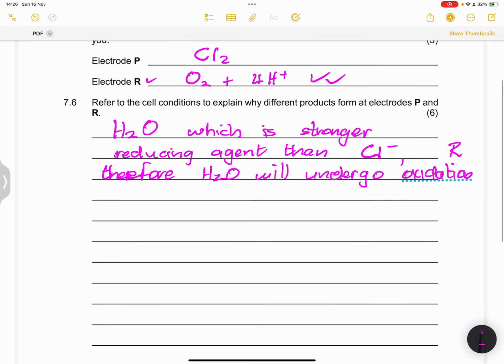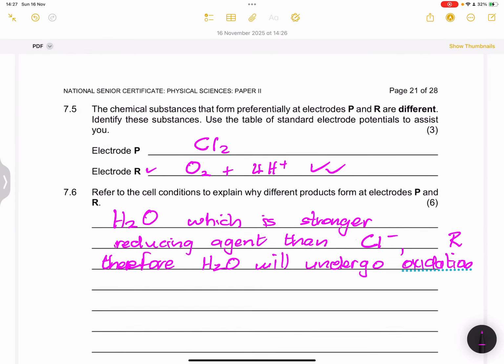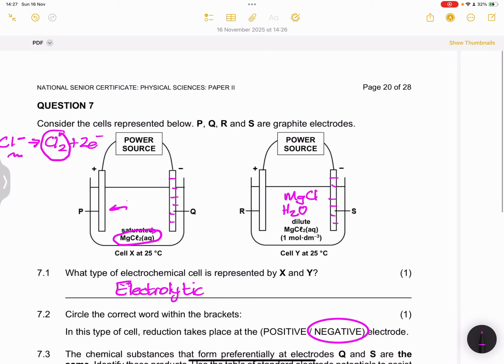Now, when we look at the other reaction, we've got a highly saturated magnesium chloride solution, right? So in this case, when the concentration of our chloride ions is very high, the rate of the oxidation reaction will increase. Because you've got concentrated magnesium chloride, there is a higher rate of reaction likely to take place.